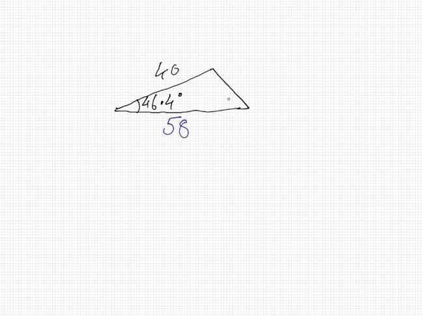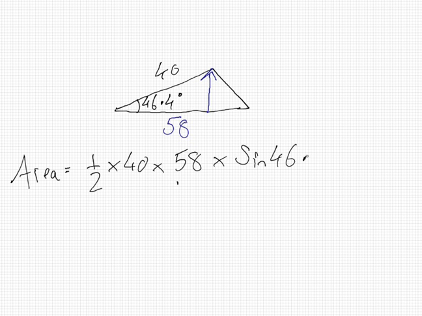And what they want for this question is they want you to find what the height of the triangle is. And you can do this using the area. So firstly, what's the area here? That's a half multiplied by 40 multiplied by 58 multiplied by sine 46.4 degrees, which equals 840, we'll just say.